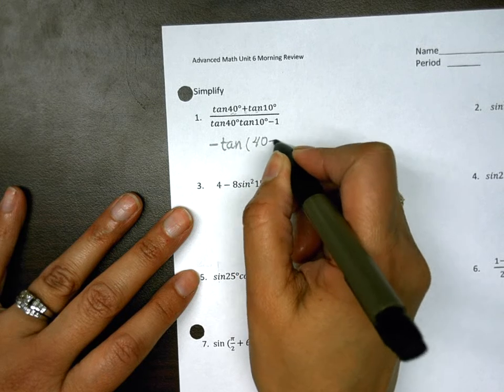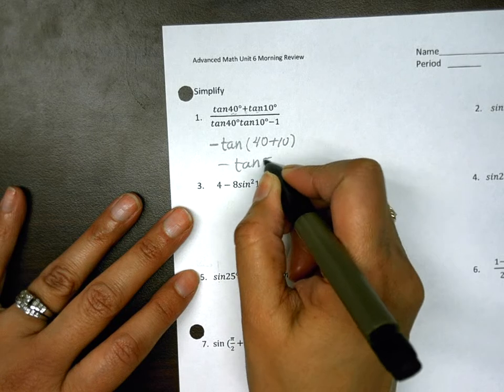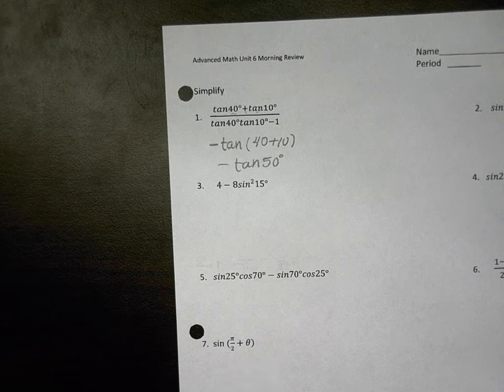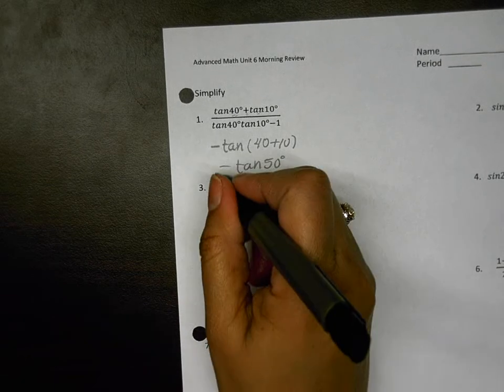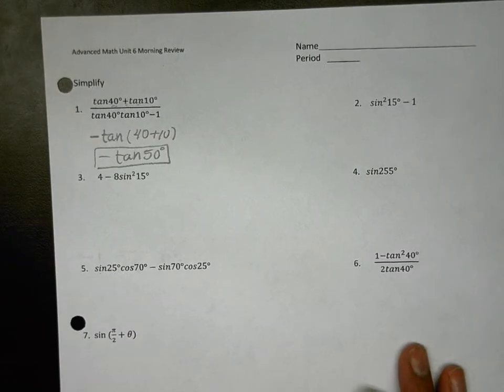So 40 plus 10, which becomes negative tangent of 50. Is 50 degrees one of my special angles on the unit circle? No. So this is our final answer. Questions on number 1?